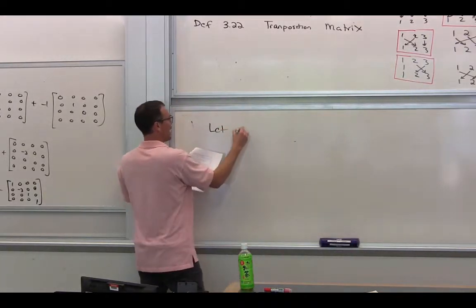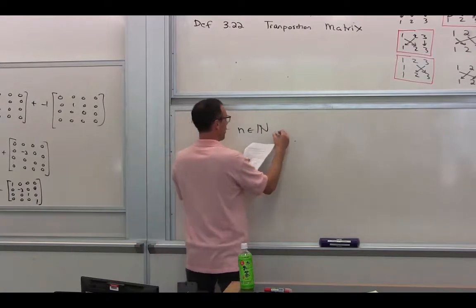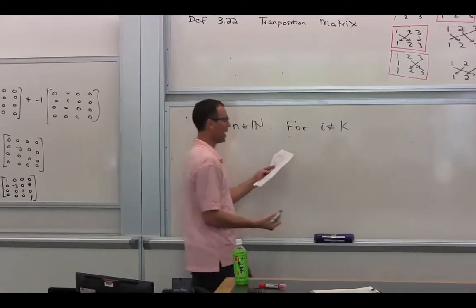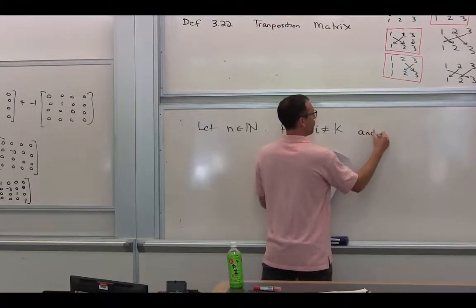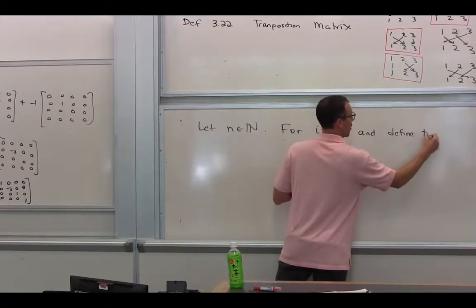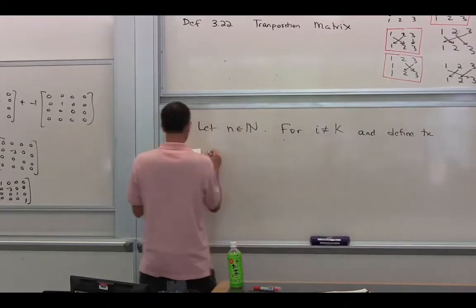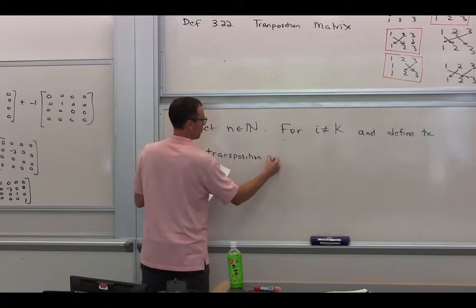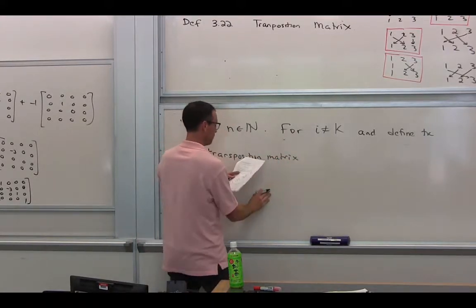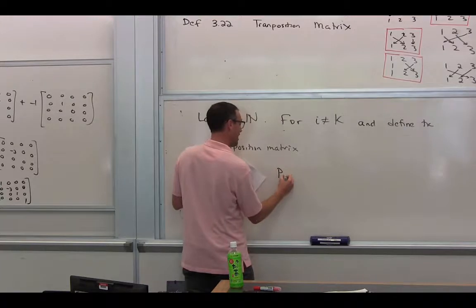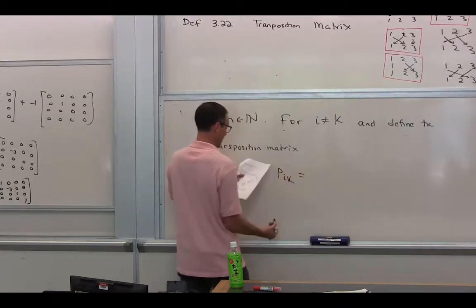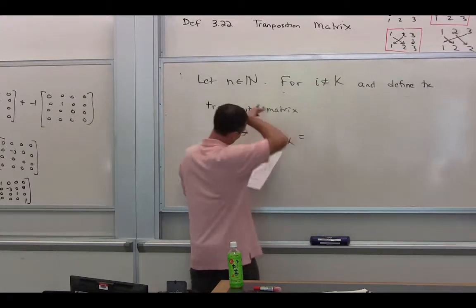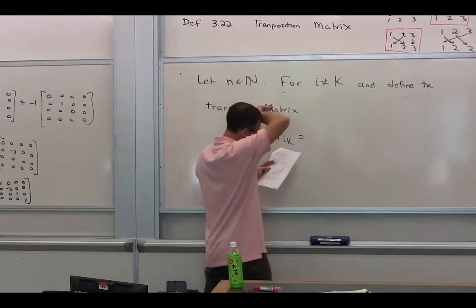All right, so here we go. Let n be an element of the natural numbers. Let's make sure that i does not equal k, and define the transposition matrix P_ik. I don't know if I like that definition.